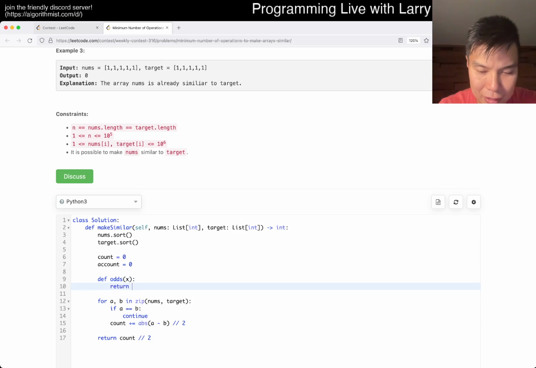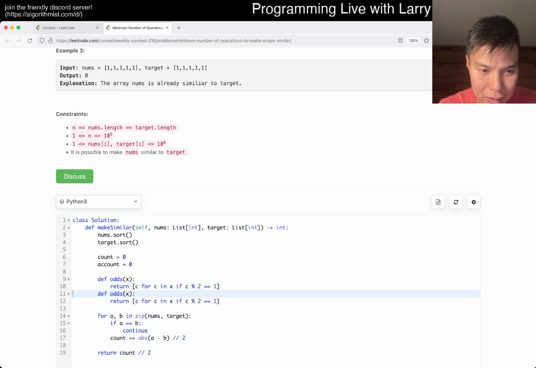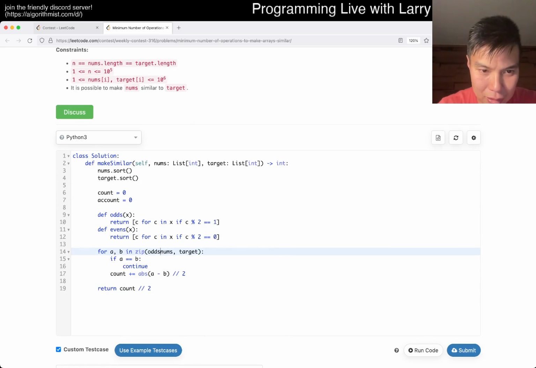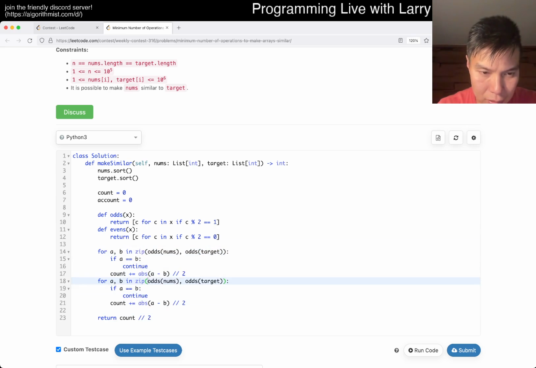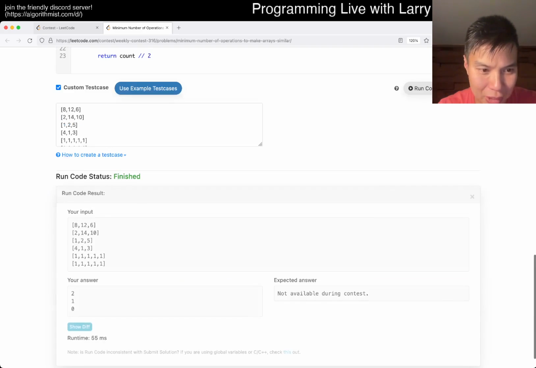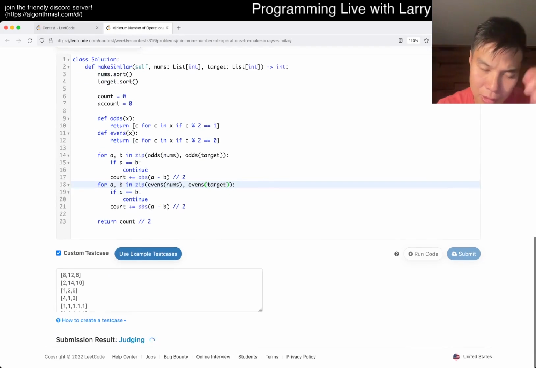Too late. That's a good example case, actually. I probably would have just YOLO submitted. Okay, let's go submit. Maybe I'm wrong.